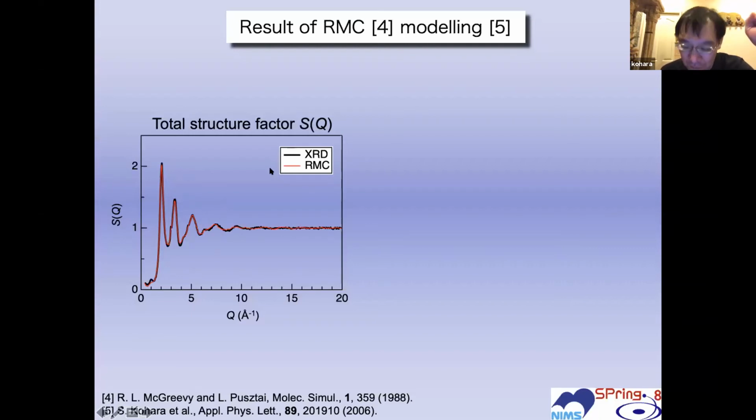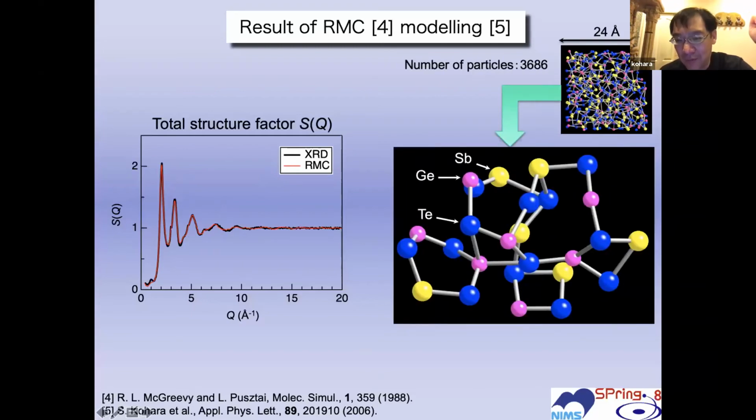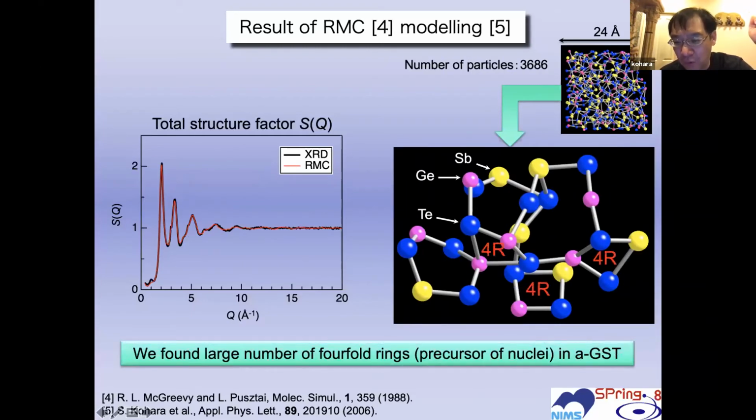But anyway, we tried in 2006, and we found a large fraction of four-fold rings. In this case, the four-fold ring is formed by only 4 atoms, very different from the silica case. So we found a large number of four-fold rings. This is the rock salt lattice.